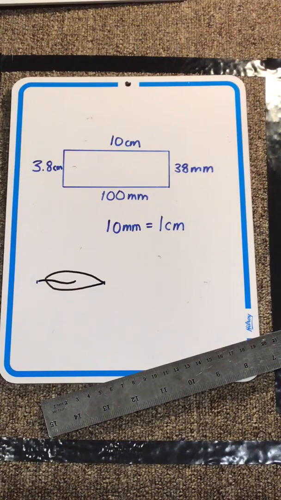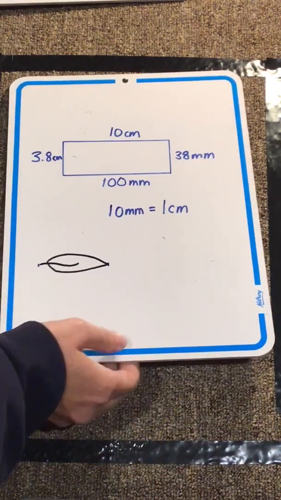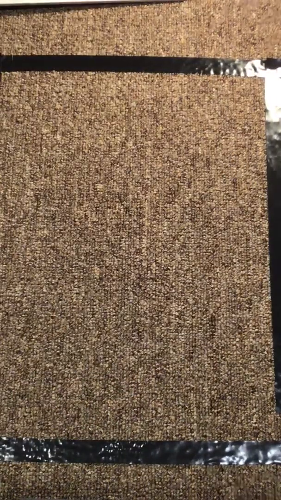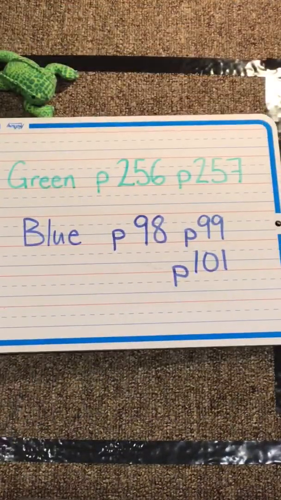All right, you should have everything you need to know to do your math work, other than knowing what is your math work for this week. If you have a green math book, you're going to do page 256 and page 257. And if you have a blue math book, you're going to do page 98, page 99, and page 101. Don't bother doing page 100.